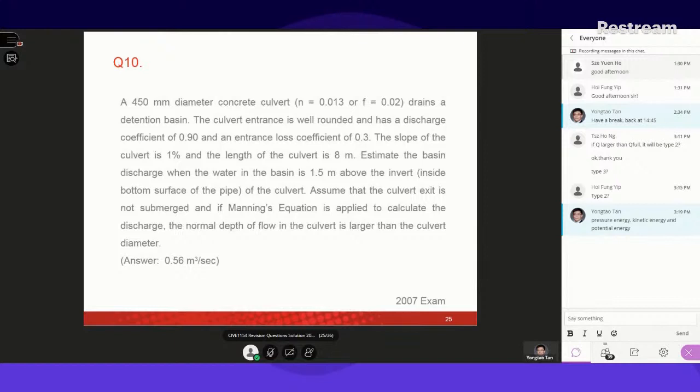But if you have interest, I would suggest you check this one using the equations of type 1 or type 2, to see whether the result is the same.